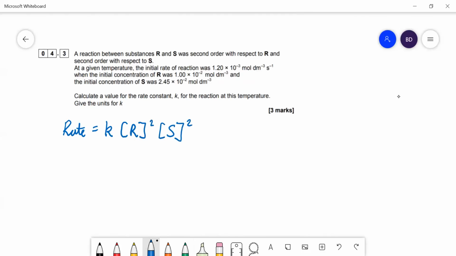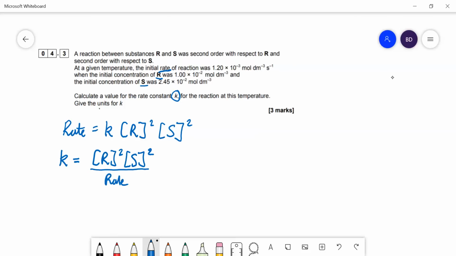In this question, they give us the initial rate and the concentrations of R and S, and we need to work out K. So let's rearrange to get K. K is going to be equal to R squared S squared over the rate.